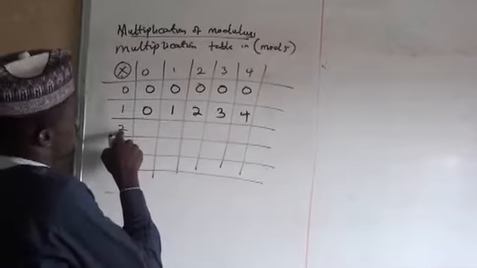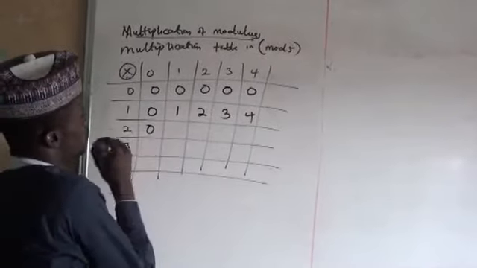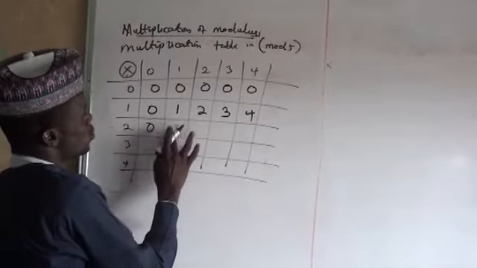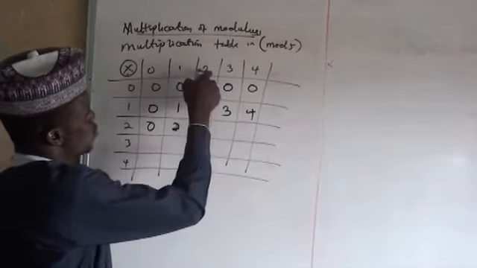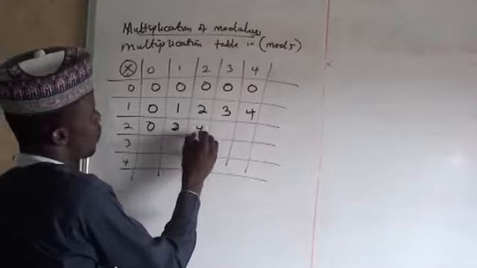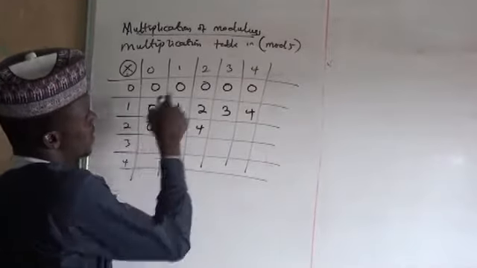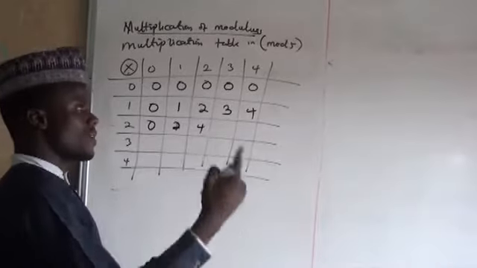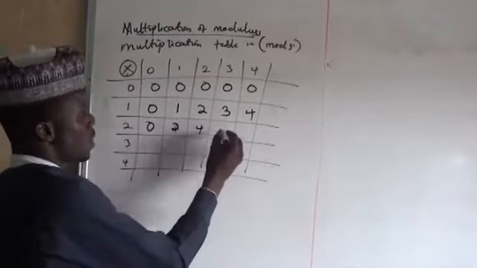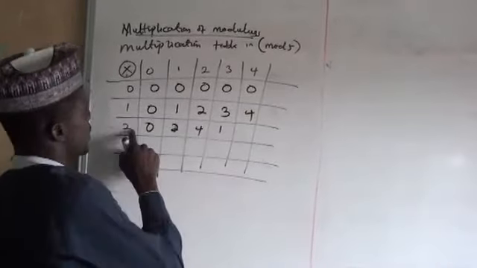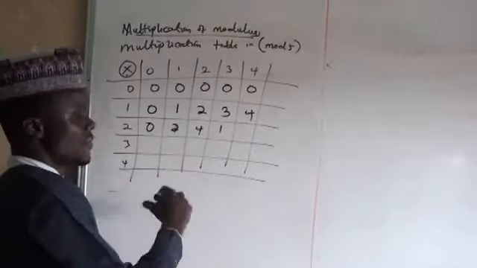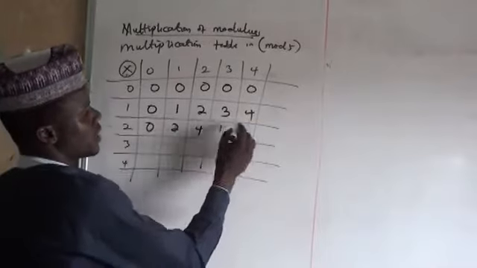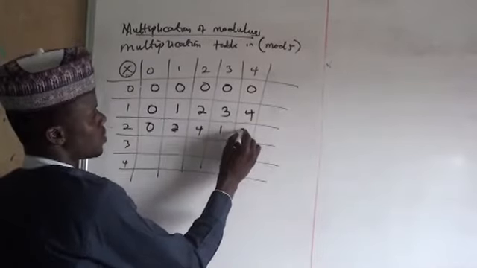Then we come to 2. 2 times 0 is 0, 2 times 1 is 2, 2 times 2 is 4, then 2 times 3 is 6. So 5 into 6, 1 remainder 1, so we write the remainder here. Then 2 times 4 is 8, 5 into 8 goes 1 remainder 3. So here we write 3.